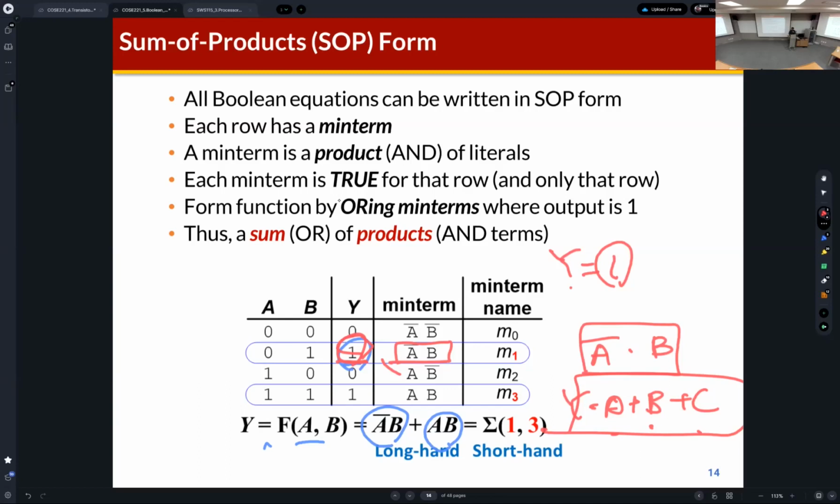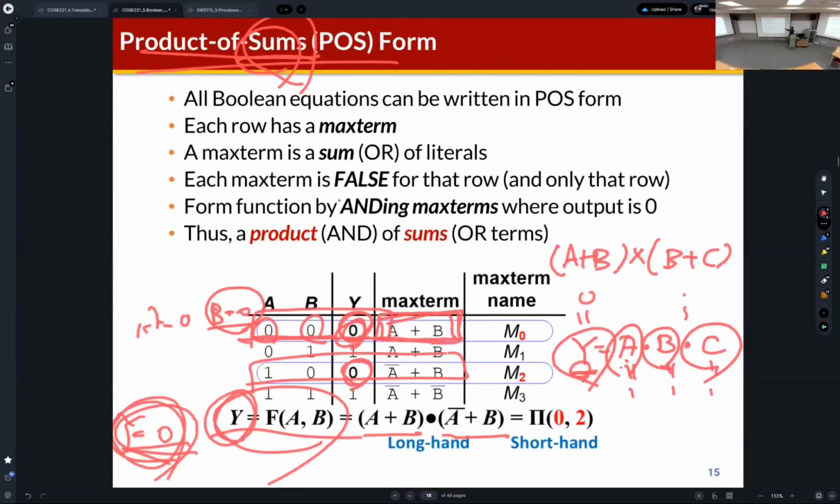Then, as I mentioned, in order to generate the output 1, in SOP form, these terms can be 1 or 1 or 1. Okay, and then we can think inversely. In order to make y equals 0 from A and B and C, then we need to make A is 0 or B is 0 or C is 0. Okay, you understand?